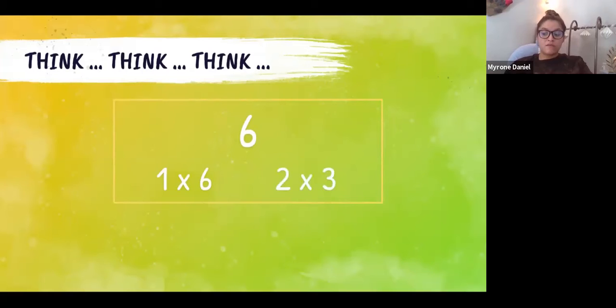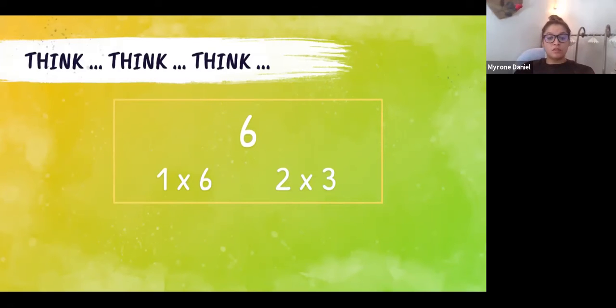Those are factors. 2 and 3 are the factors of the number 6, and they are also prime numbers because their only factors are themselves and 1. So the factors of 2 are 1 and 2, and the factors of 3 are 1 and 3. It can only be multiplied by 1 in order to make that number.